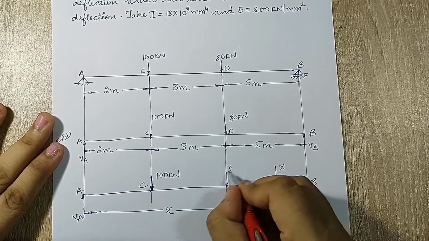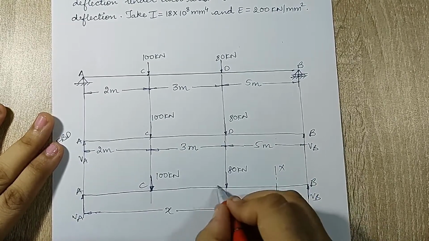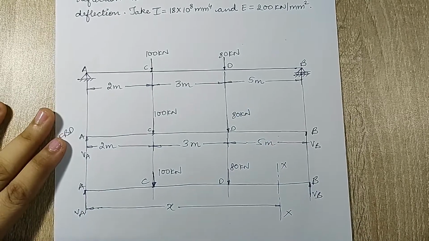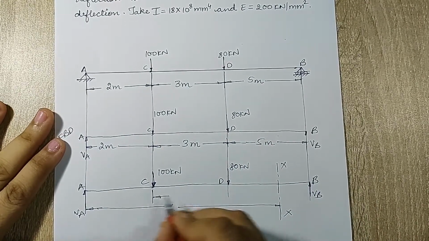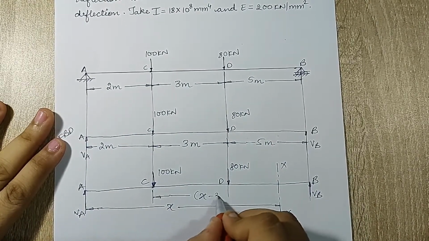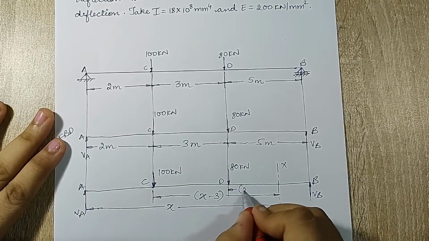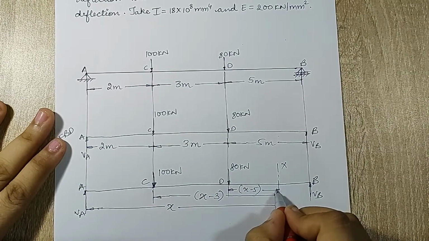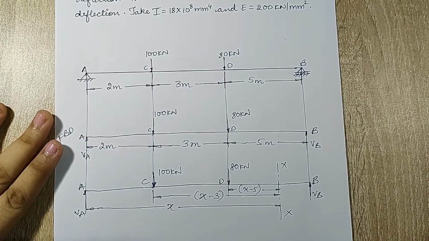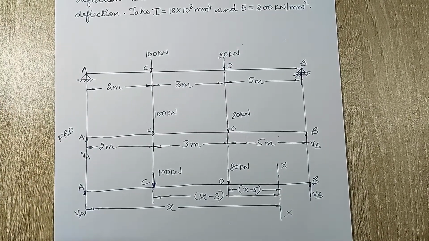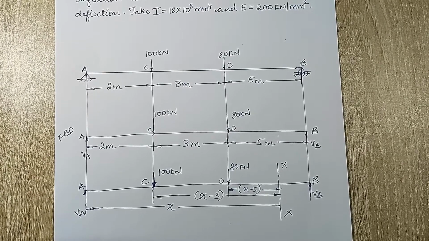At D, there will be a load of 80 kN in the downward direction. Now point C will be at a distance of X minus 3 from the slider, and D will be at a distance of X minus 5. So this is my diagram which will be required for solving using Macaulay's method.